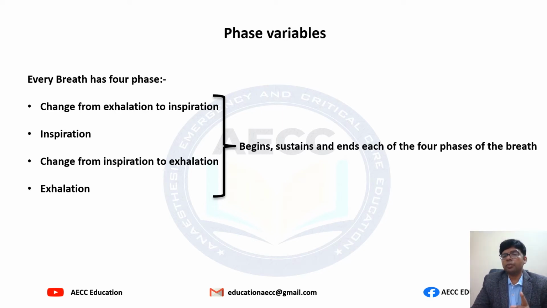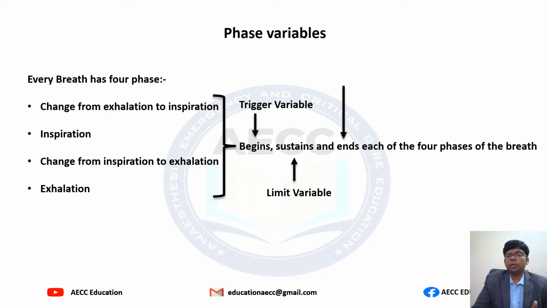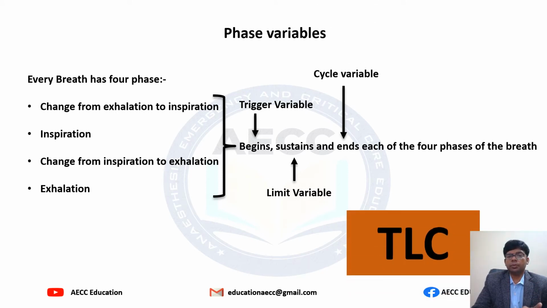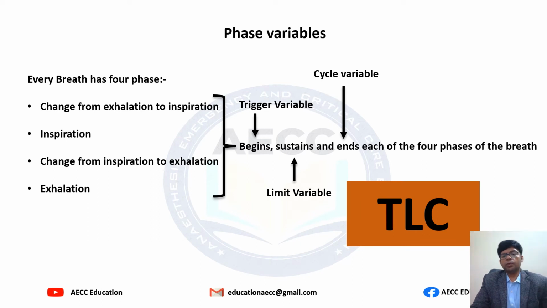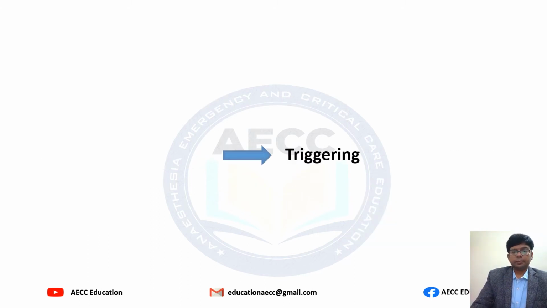Each of the 4 phases of breath depends on the trigger variable to begin, to sustain depends on the limit variable, and to end depends on the cycle variable. Hence you can remember it as TLC: trigger, limit and cycle.